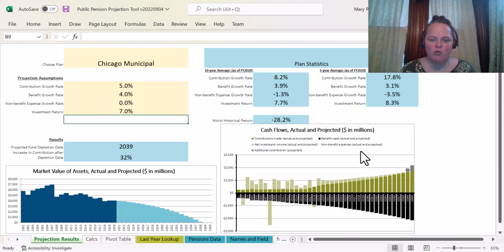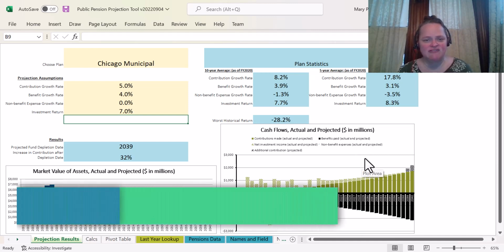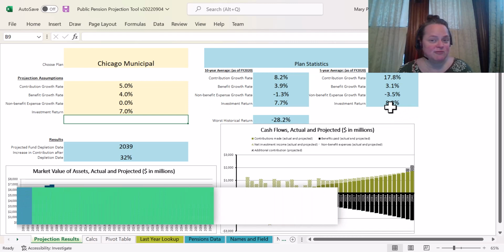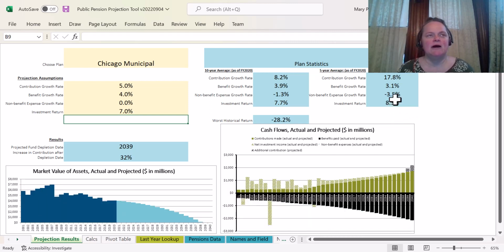So what you're trying to look at is the cash flow dynamics, and you're trying to think, when the assets run out, that doesn't mean people don't get benefits. The question is, can the municipality or the state actually support the benefits that are going to be running out the door at that moment in time?